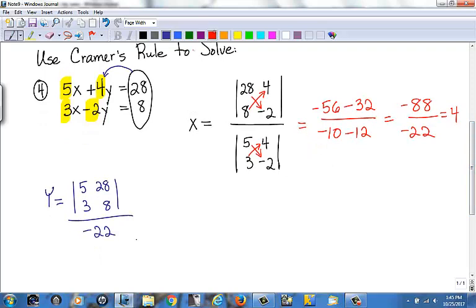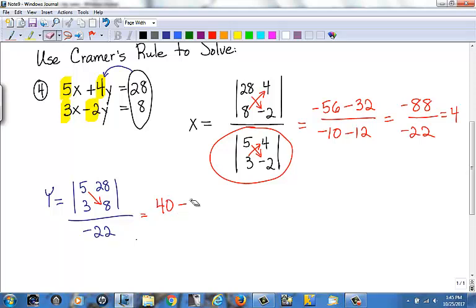Multiply down the diagonal to the right. 40 minus... The bottom is the same on both columns. It's the coefficients of all four. I could write it out, but it's going to be the same. Why work it twice?